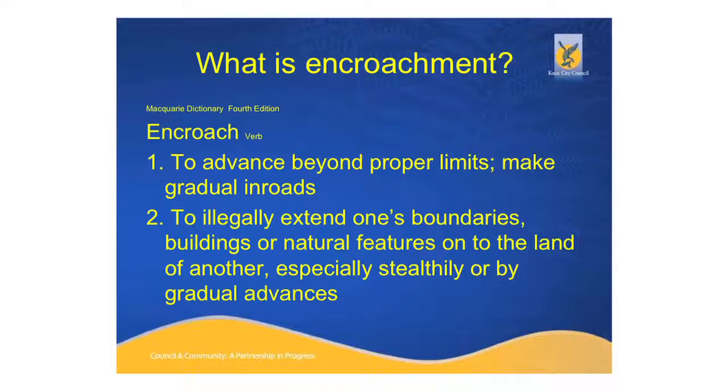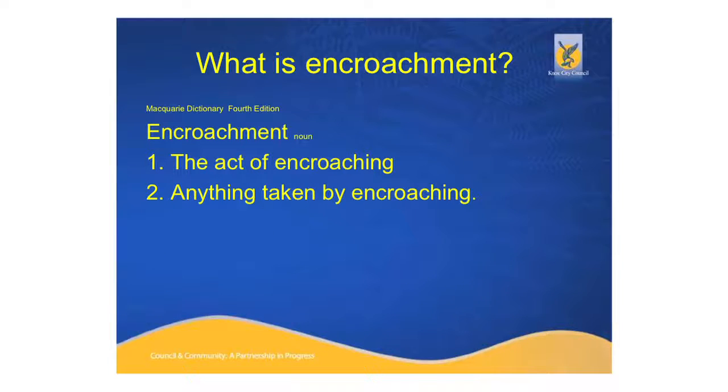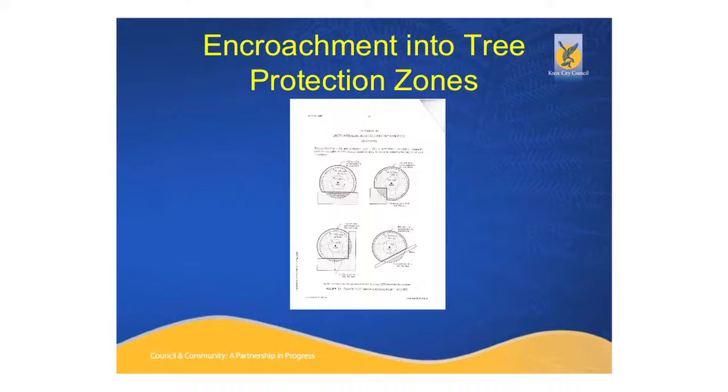So encroachment, the noun, means the act of encroachment, anything taken by encroaching. And we see it again with the Australian Standard, we see the 10% encroachments only represent 10% of the total TPZ area. Okay?